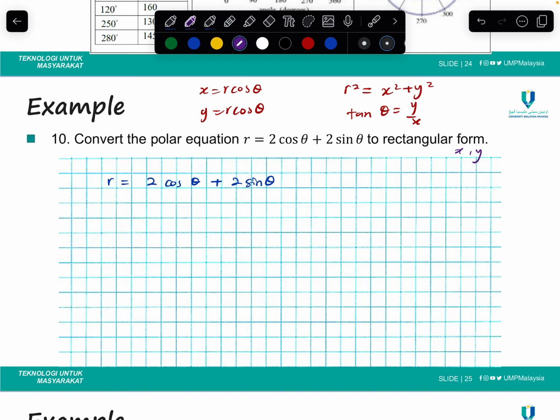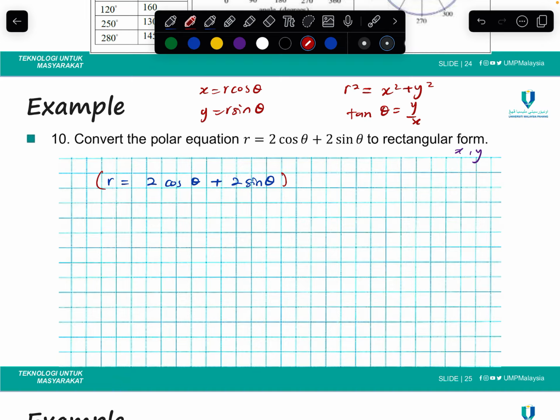Based on the formula x equals r cos theta, do we have r cos theta here? No, not exactly. Do we have r sin theta? No. So how do we make our equation so that we can replace terms using the formulas?